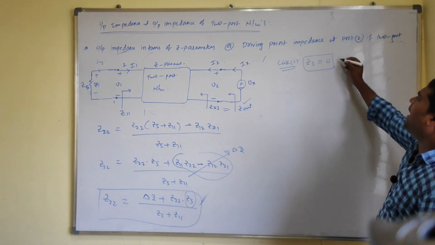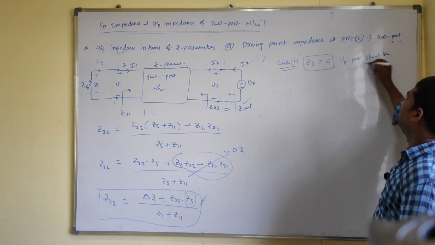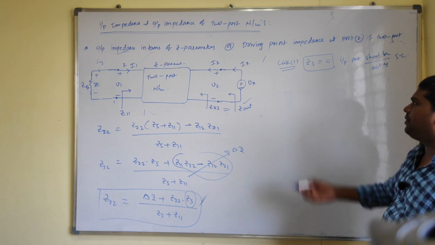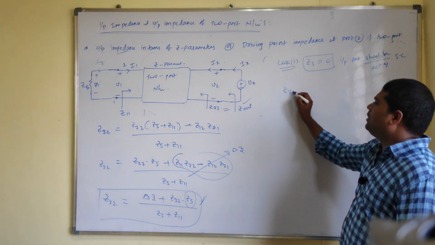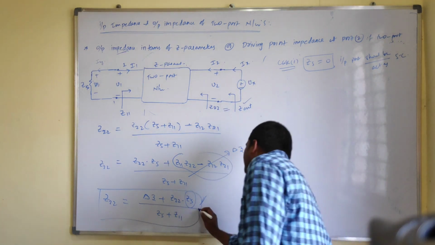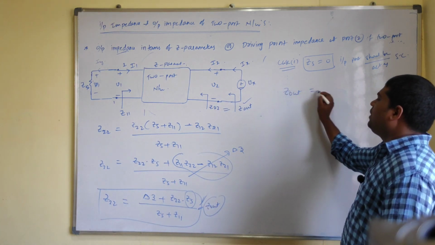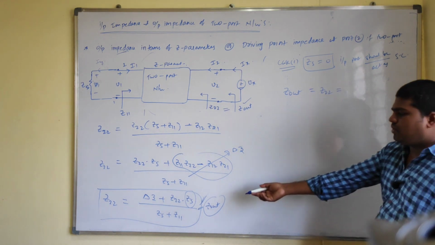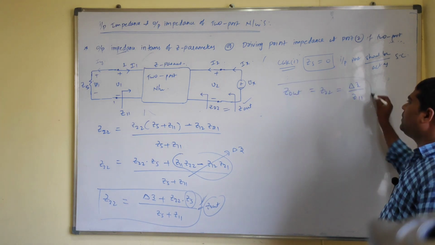That input port should act as a short circuit, right? If it is a short circuit, Zs should be 0. Now when Zs equals 0, here the Z22 equals Zout, which is equal to the output impedance Zout. Then what you are left with is delta Z by Z11. This is one thing.